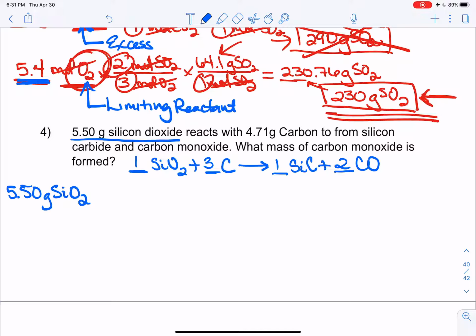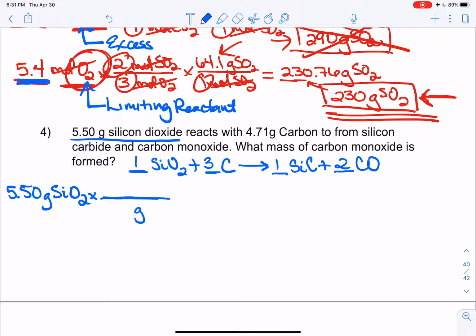But now we're starting off with grams. And whenever we have grams, we're going to want to go where? To moles. So now we're going to have to do an extra step that we didn't have to do in 1, 2, and 3, which is the molar mass, because we have to get rid of grams and go to moles, and when we're relating grams and moles, that is the molar mass.